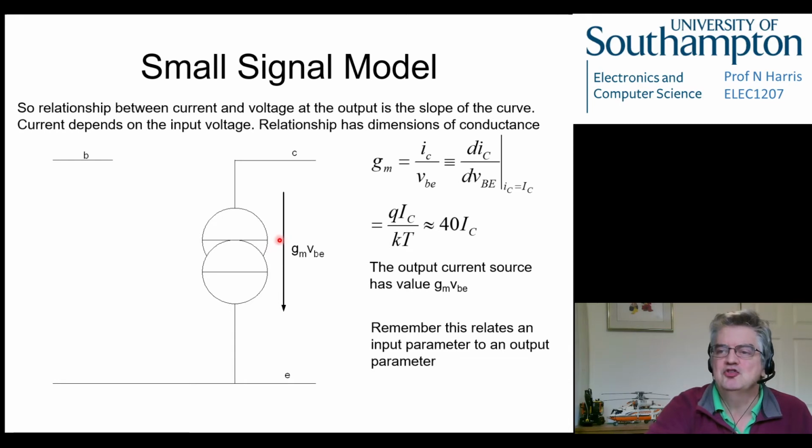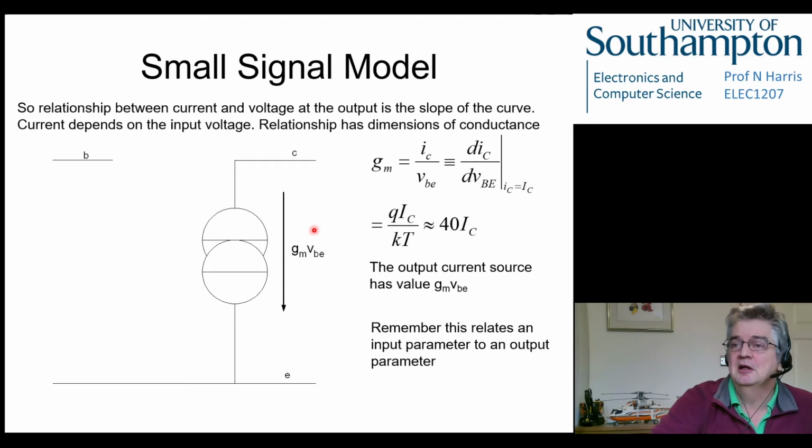And the relationship between this input voltage and this output current is this term GM, which we would call a constant, but we put that in inverted commas, because it's constant if the static current through the device, the big IC, is constant. So if we set a bias condition with a constant bias current, we get this constant GM, which dictates the value of the gain.